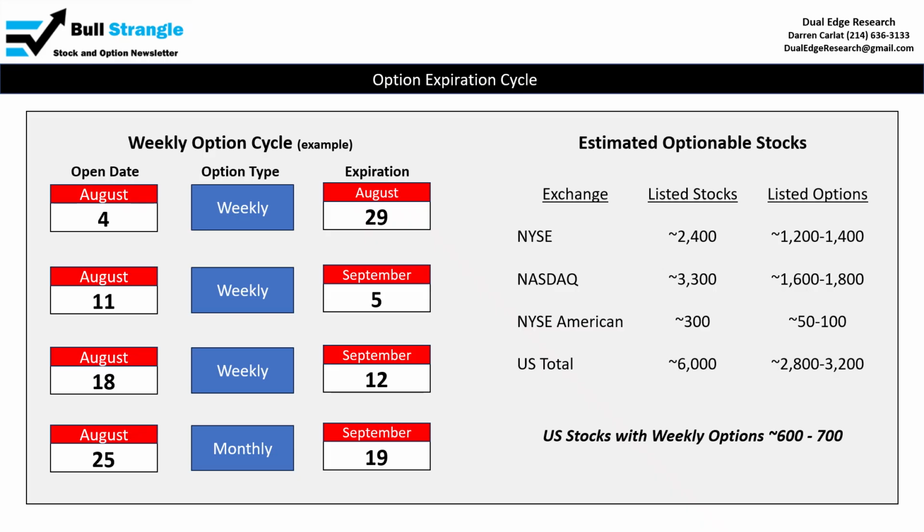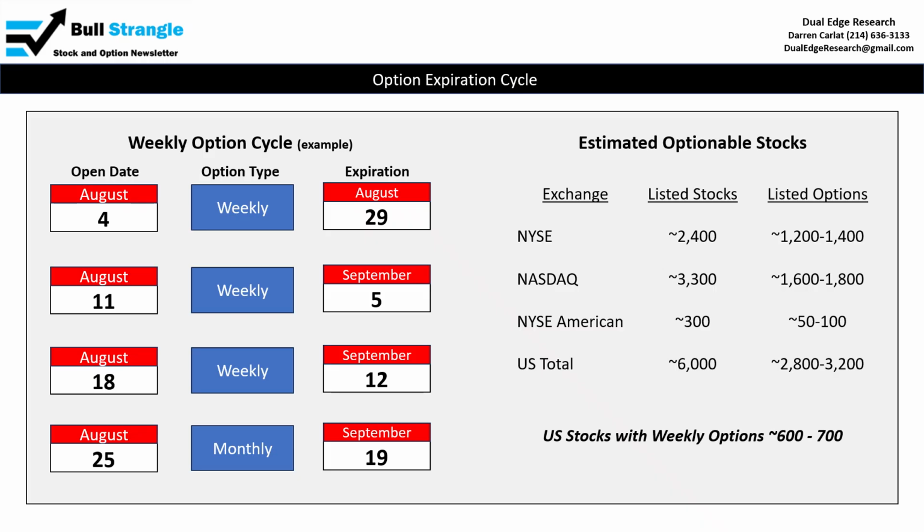Now, this does not include ETFs. On any given week, there are more than 100 ETFs, and because they don't report earnings for the most part, that just adds to the list of weekly options that are available. Now, when I say that they don't report earnings for the most part, you do have to watch.